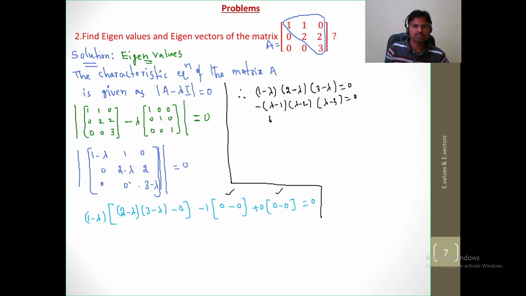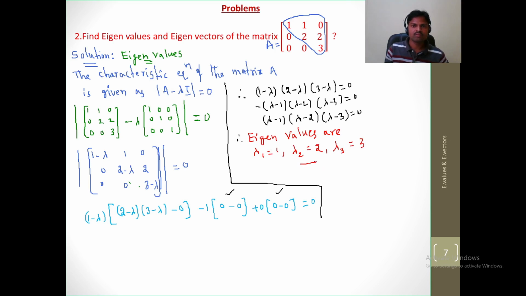Multiply both sides by minus, so you get (lambda minus 1), (lambda minus 2). This much is not required; directly from here you can write that all the eigenvalues are 1, 2, 3. Therefore the eigenvalues are lambda 1 equals 1, lambda 2 equals 2, lambda 3 equals 3.